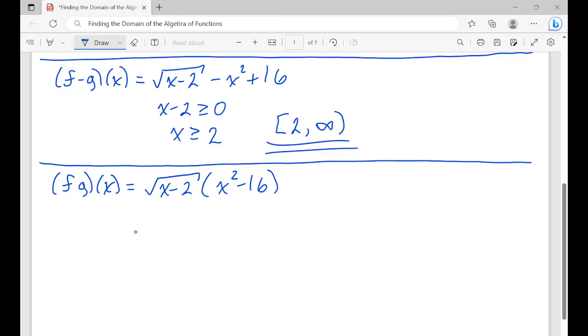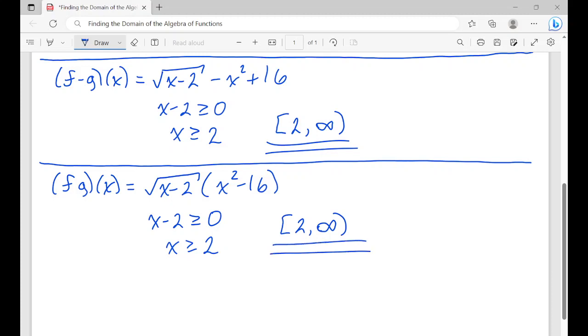Just going to take x minus 2 and set it greater than or equal to 0. And then solve for x, which is again, x is greater than or equal to 2. Again, the only restrictions we have are x has to be greater than or equal to 2. So our domain has to be bracket 2 to infinity. And this is the domain for the product.